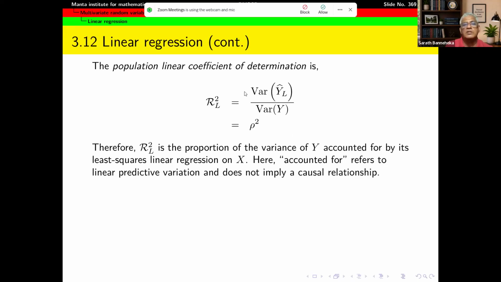So this is the variation of the least squares regression line, and this is the original variation. So that's why we call it the proportion of variance of y accounted for. But here the word accounted for, okay.